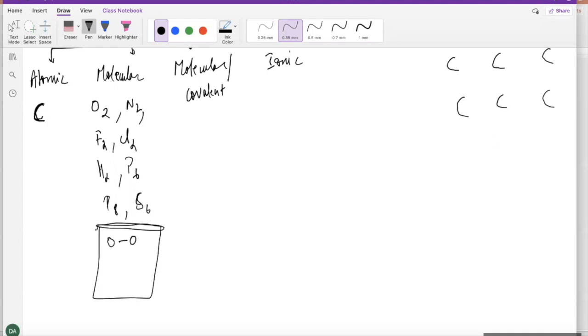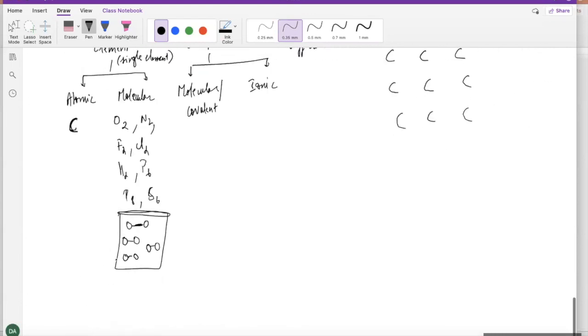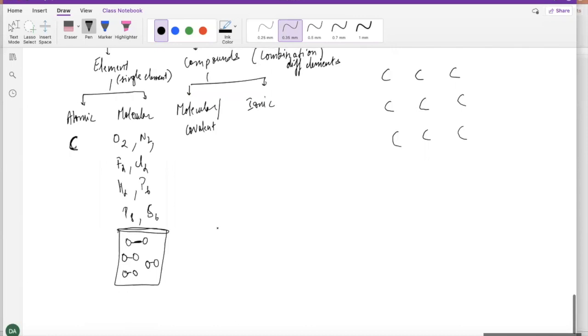Let's have a container filled with oxygen. There's going to be lots of O2 present in the container. This container is still pure in the sense that there's only O2 in there, made up of oxygens connected to each other, but a lot of them. This is what an oxygen cylinder is going to look like. So that is a molecular element.